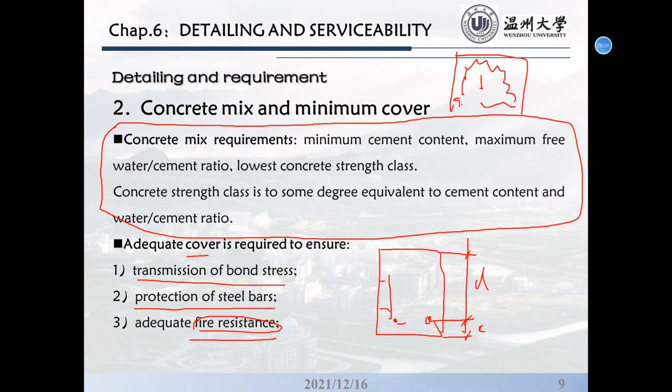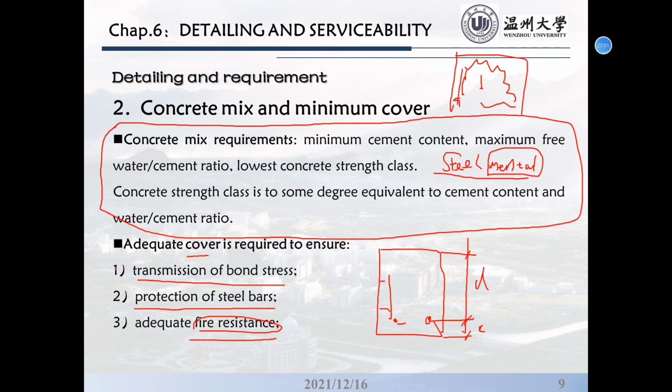Steel bars belong to metal, which means they are easily affected by temperature, so we use concrete to protect them. This improves the structure's fire resistance.